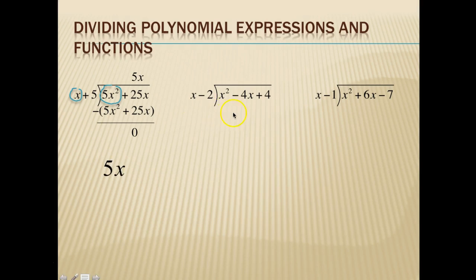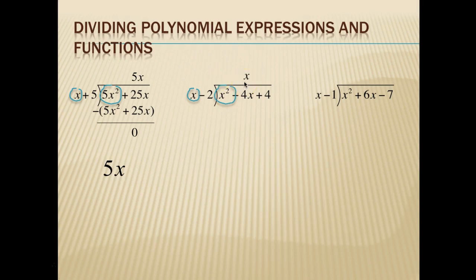So please pause the video and try to work these. Remember, focusing on the first term here and the first term here. Okay. So now x goes into x squared, and it goes above my like term.